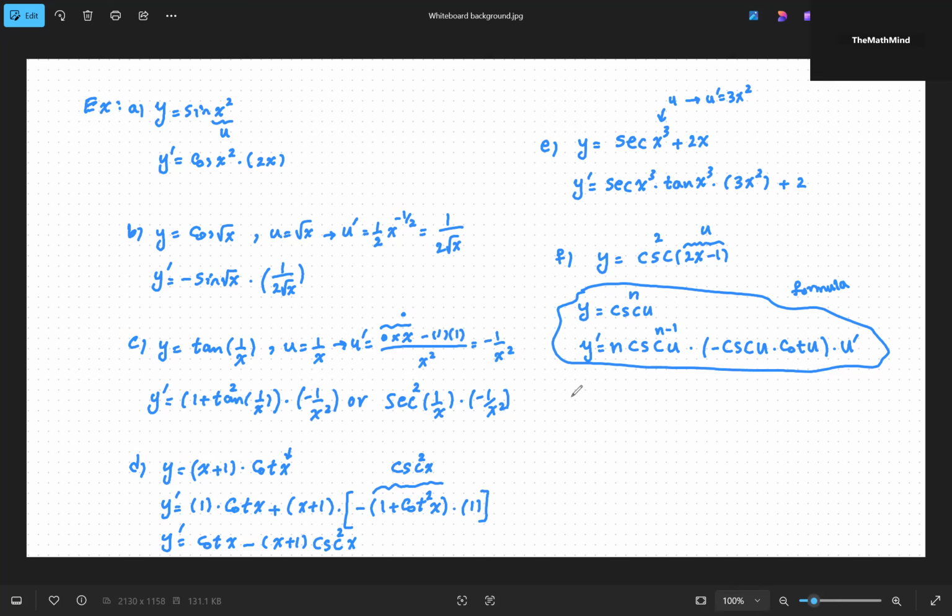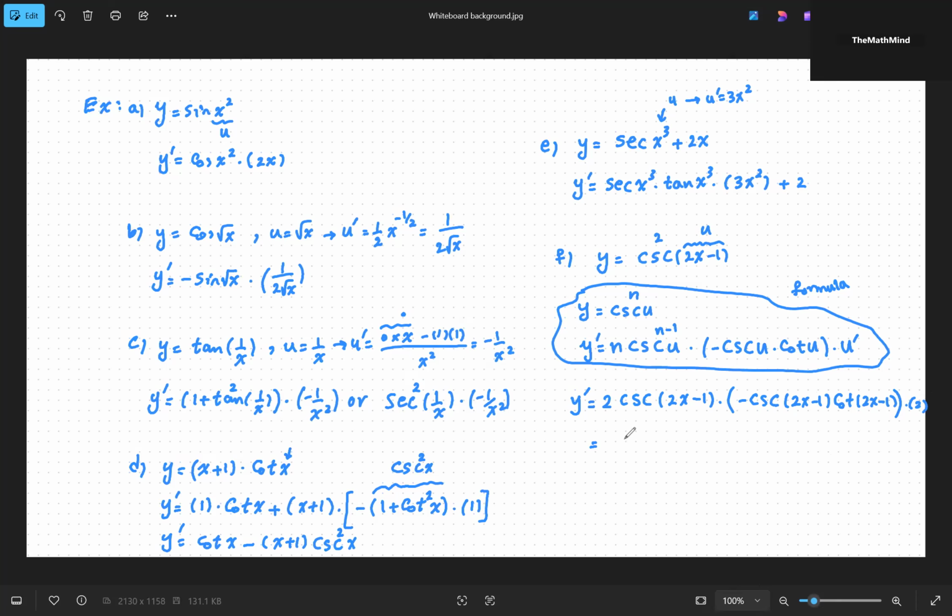I'm going to use the same formula, so y prime will be 2. Just decrease the exponent by one on cosecant, and then multiply by the derivative of the base, which is negative cosecant 2x minus 1 cotan 2x minus 1, and then multiplied by u prime, which is 2 here.